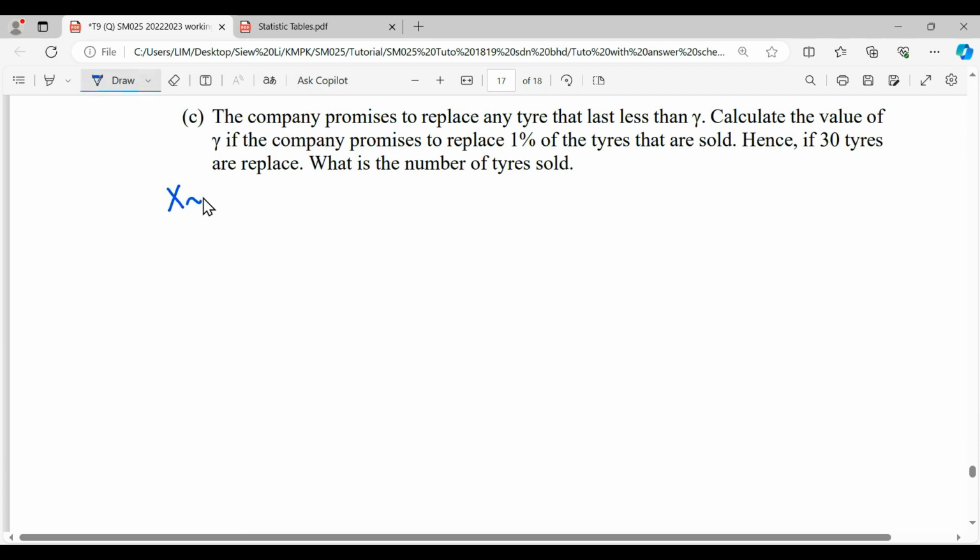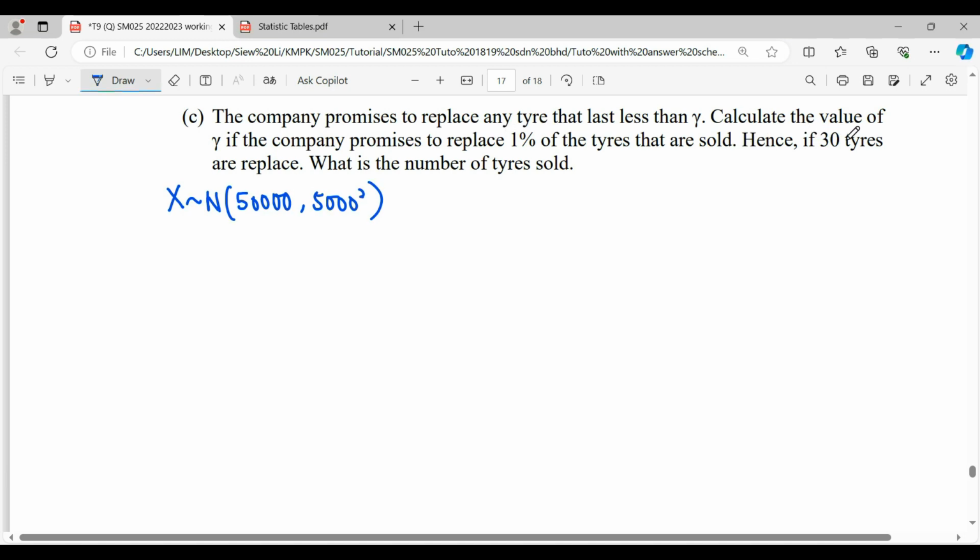Then next, for this question, we are still discussing the lifespan of the tire, so we still maintain this distribution. For this question, they say the company promised to replace any tire that lasts less than gamma. Calculate the value of gamma if the company promised to replace 1% of the tires that are sold.